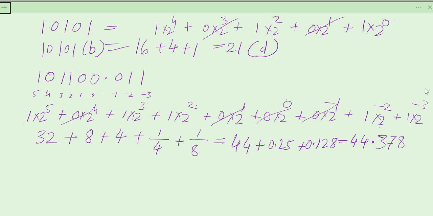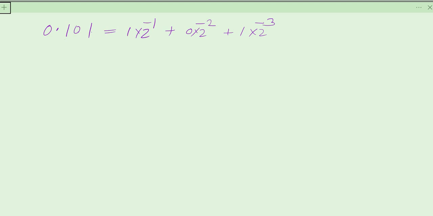Let's have one more example of this type. If you have only the fractional part, still you can expand this. Suppose the number is 0.101, only fractional part. So let's expand this as 1 into 2 raised to minus 1 plus 0 into 2 raised to minus 2 plus 1 into 2 raised to minus 3.